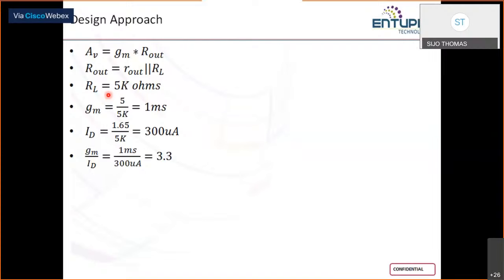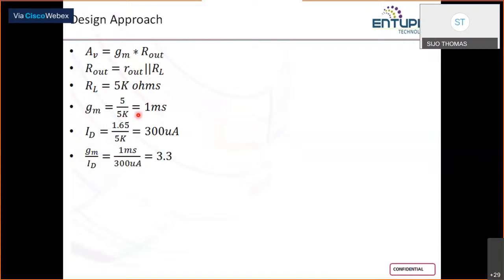So the effective output resistance will be mostly dominated by the load resistance, and I can simplify the gain equation as gm into RL approximately. Taking that into consideration, gm is equal to the gain from the spec, 5, divided by 5K, which gives 1 millisiemens.